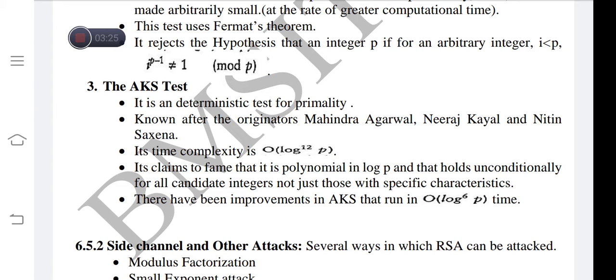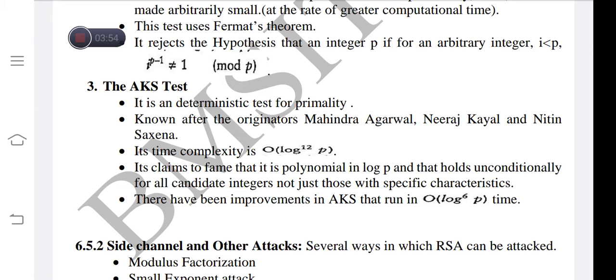Okay, p stands for the prime value which is selected, and its claim to fame is that it is polynomial in log p and holds unconditionally for all candidate integers, not only the integers with specific characteristics.